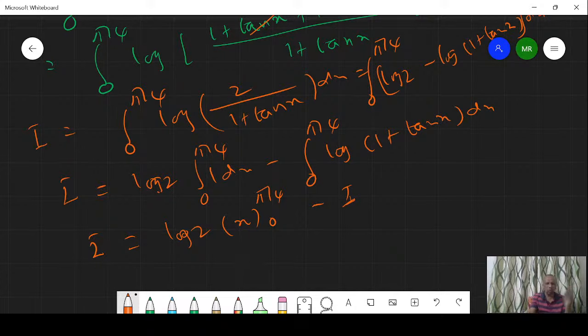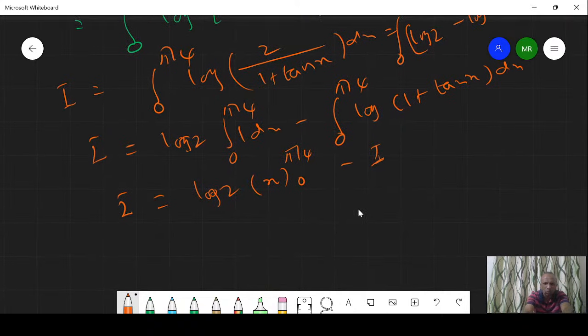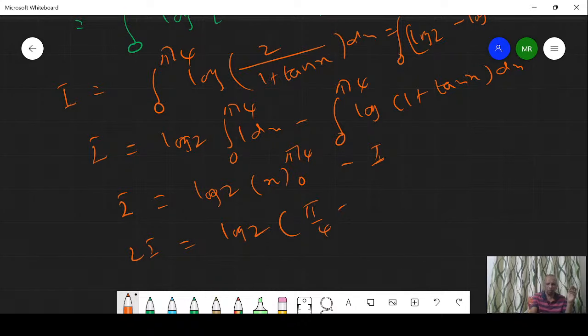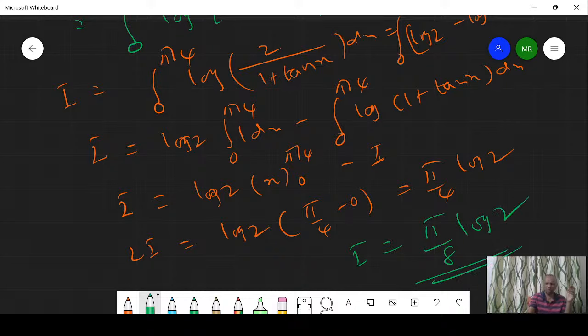You will get 2I is equal to log 2 times (π/4 − 0), which is (π/4) log 2. So the conclusion will be I is equal to (π/8) log 2. This is the required answer.